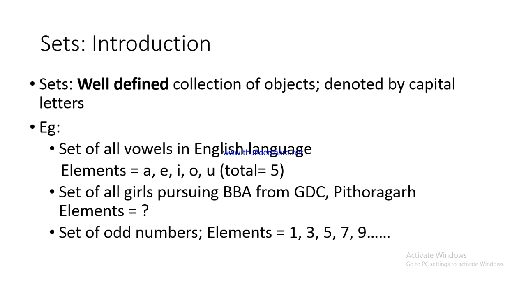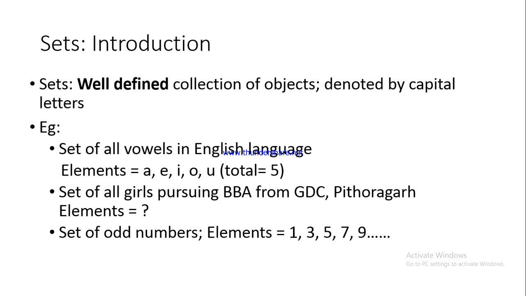Now another example is set of odd numbers. So what will be the elements? You know what odd numbers are: 1, 3, 5, 7, 9, 11, 13, 15, and this will go on till infinity. So these are the various elements of this particular set. Again, this is a very well defined set.